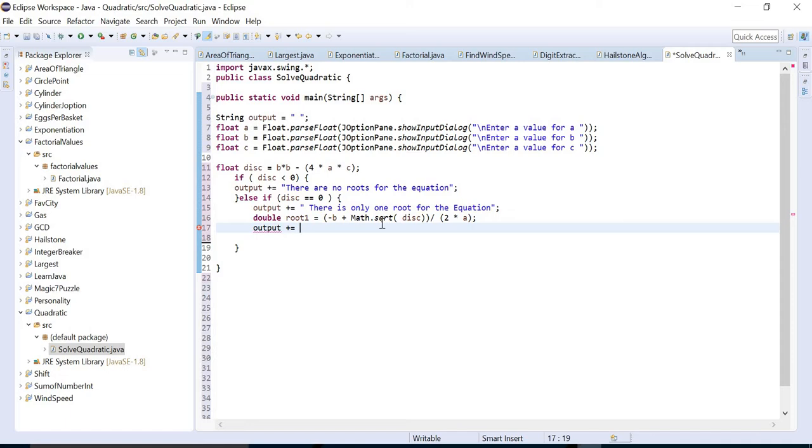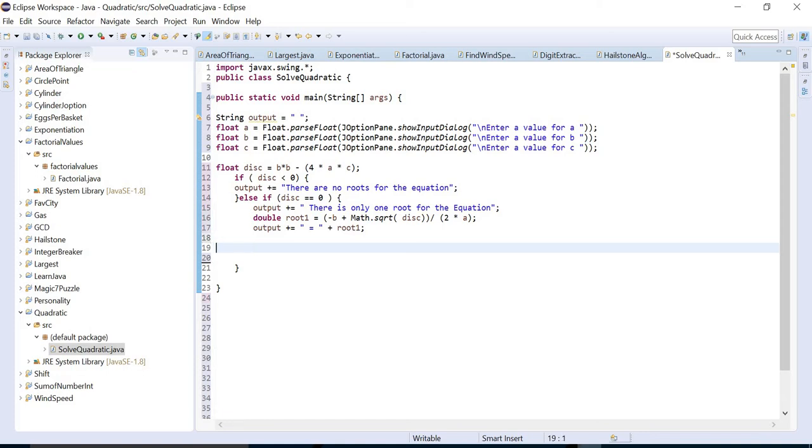Output plus equals, and then I put the equal sign in quotations so it displays the equal sign. Plus root1. We want root1 to display. Okay. There's that.